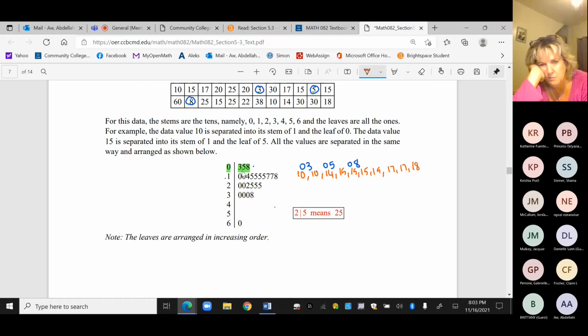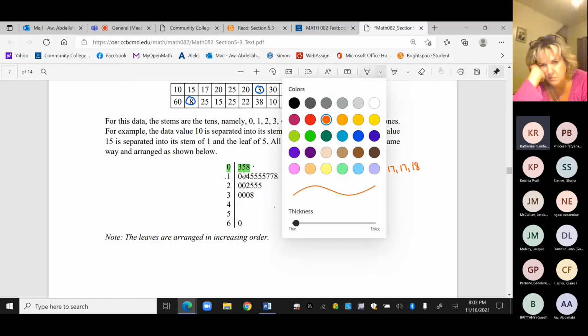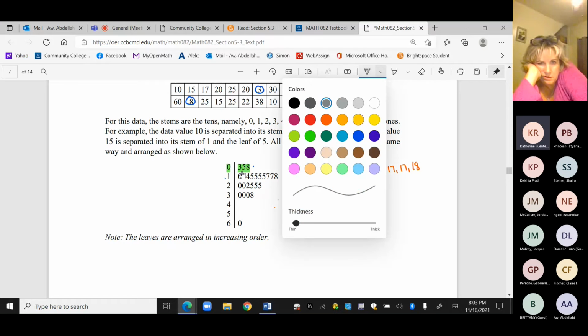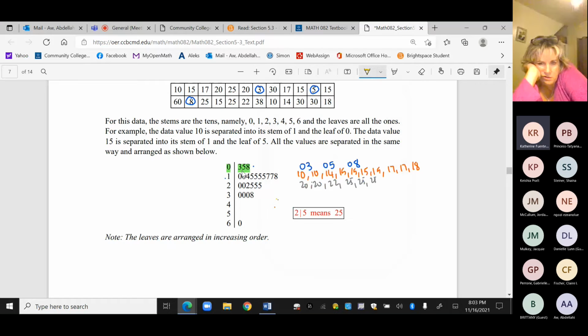The next row represents what numbers? 22, 2 times. And then 25, 3 times. All right. And the next row represents what? 33 and 38.